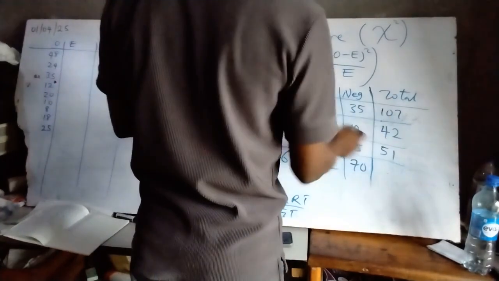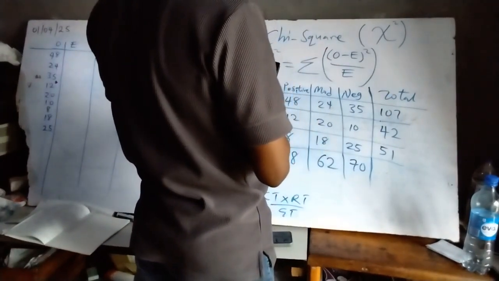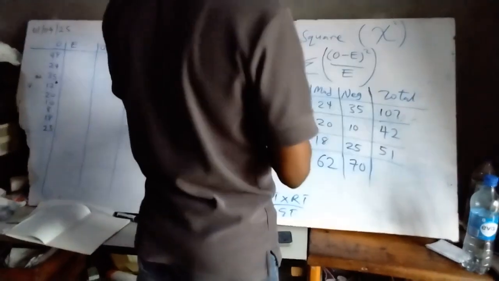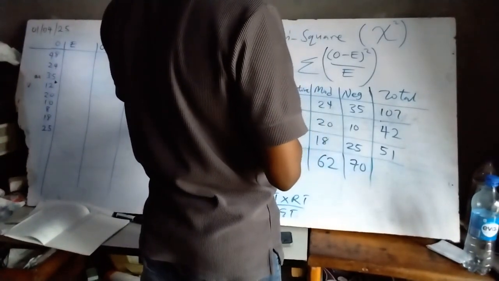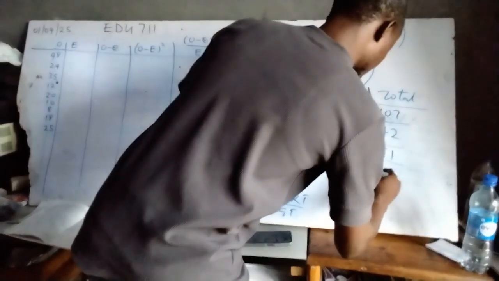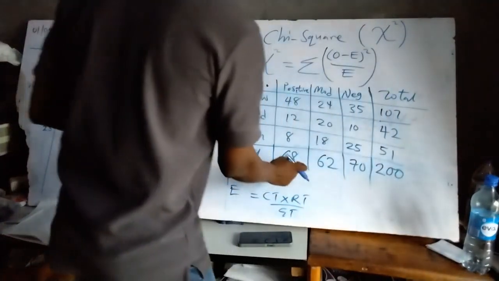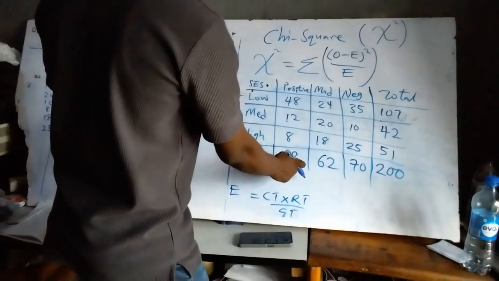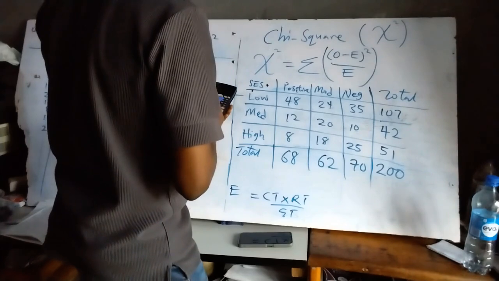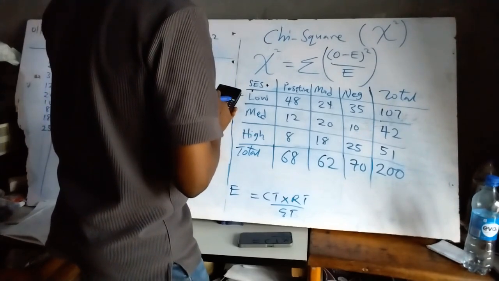So let's do this first. 107 plus 42 plus 51, that gives us 200. Let's check this, the total from the column total.